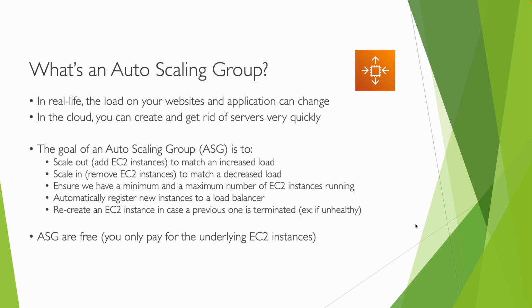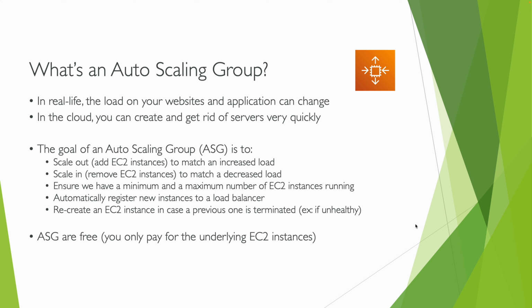In the cloud, you can create and get rid of servers very quickly. That means in the cloud, you can add or remove servers very quickly. We have seen how to launch an instance and how to terminate an instance. Within minutes we are launching an instance. So in the cloud you can create and get rid of servers very quickly, and using this we can achieve auto scaling.